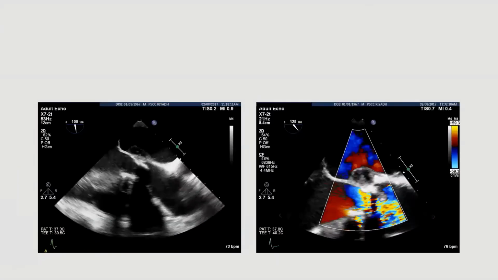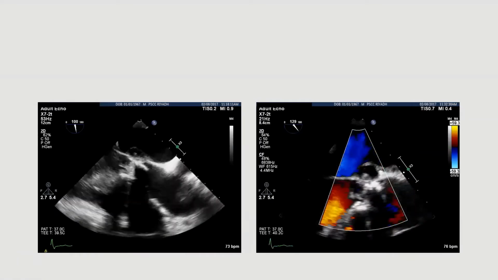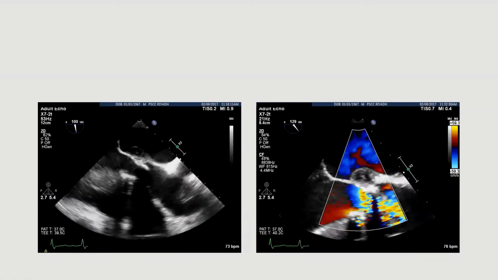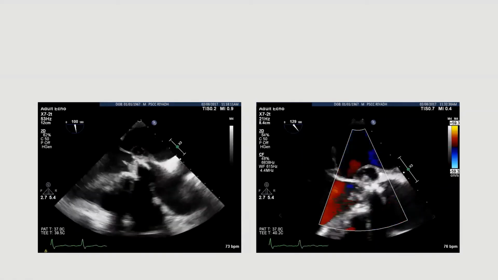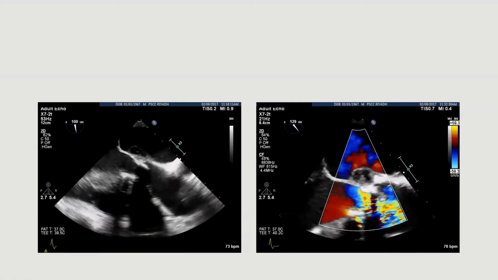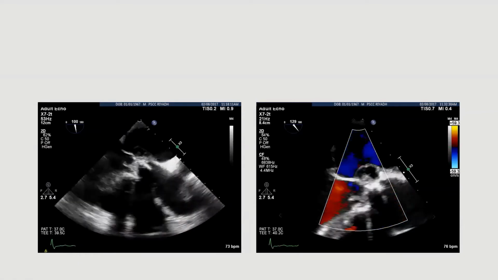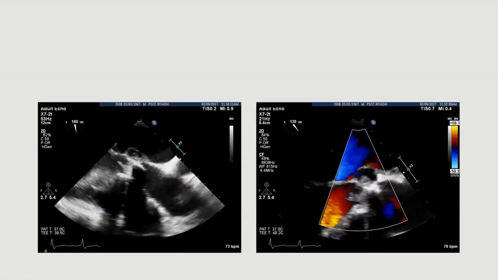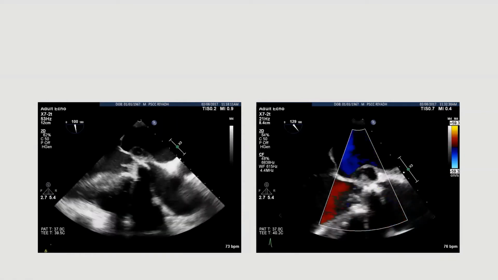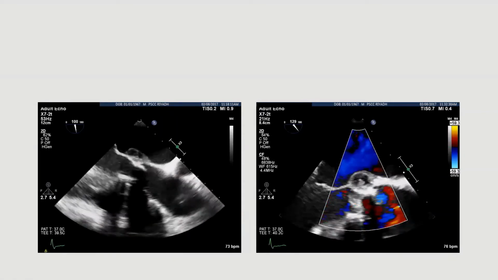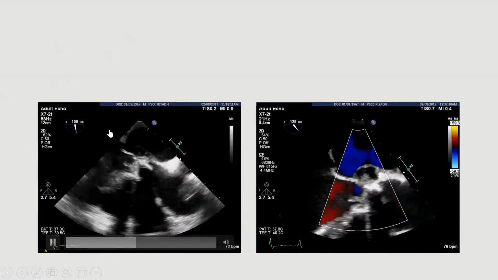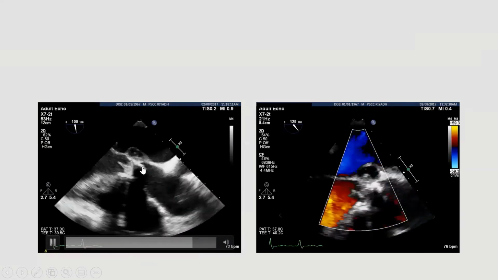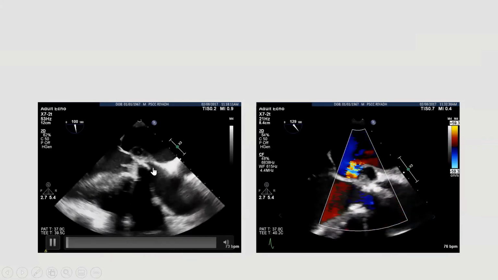Now, can somebody tell me what he or she is seeing? Just a guess. You see, this is a transesophageal echo. This is the mitral valve, this is the aortic root, and this is the aortic valve, okay?